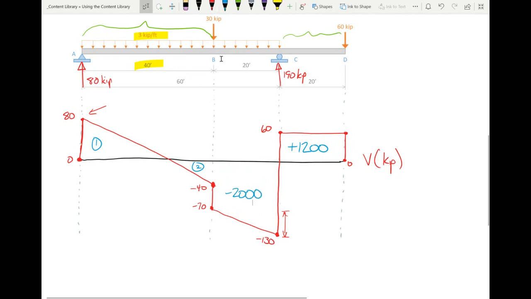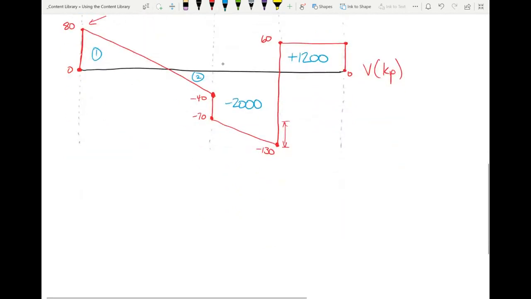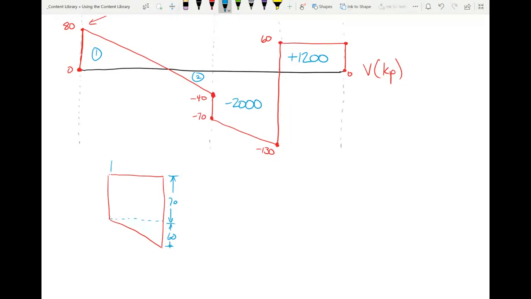I want to show you a couple ways that you can go about this. There's two ways to do this. The first way to do it is, I think, probably what you would think is the somewhat obvious way, which is to say that this is 60 and this is 70 and this is 20.